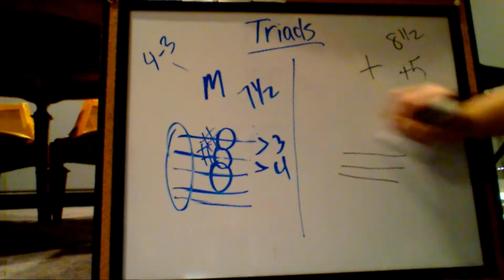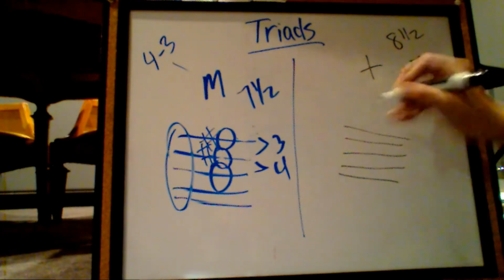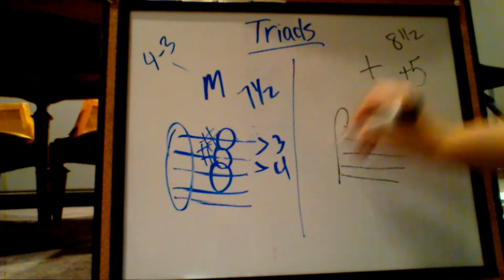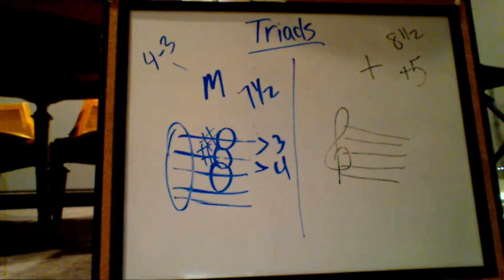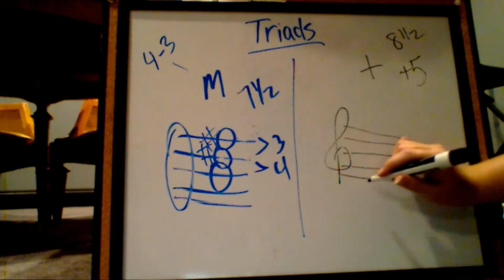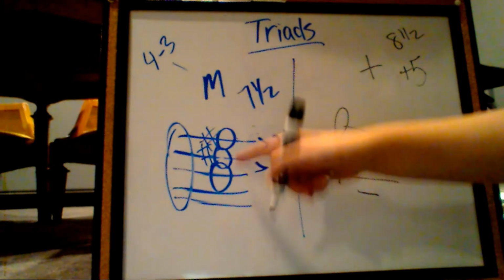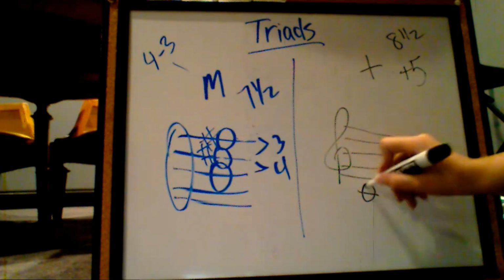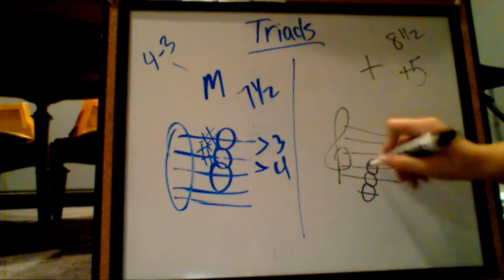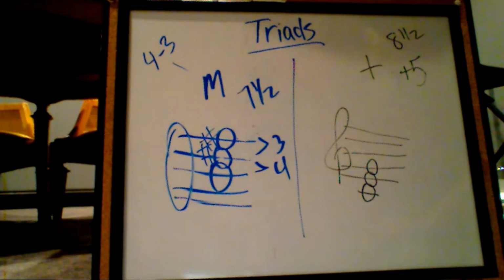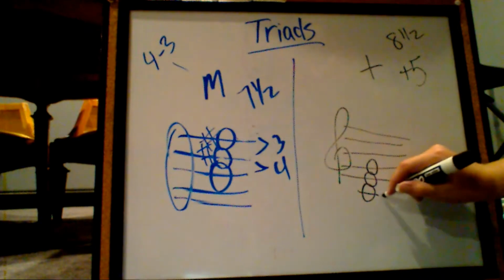So here's our staff, and I'm just going to make this treble clef because why not? And so I'm going to start on middle C because it's a pretty basic one. And again, you draw your 3 notes. So we'll go line, line, line, because it always has to be line, line, line. And then the way that augmented goes is just like major.